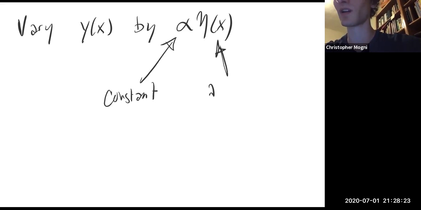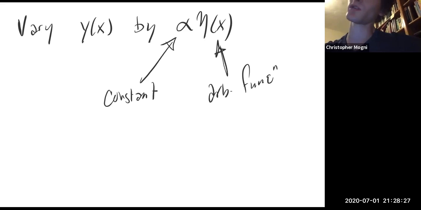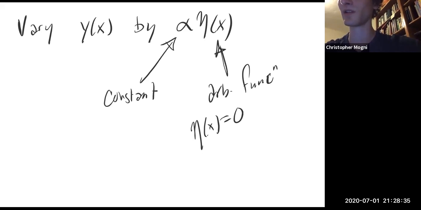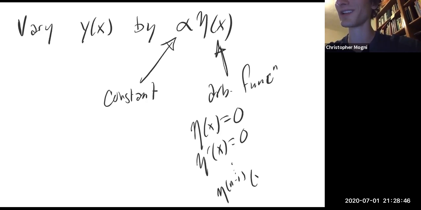Eta is an arbitrary function. The condition I'm going to impose on eta is that eta(x) is equal to 0, eta prime of x is equal to 0, all the way to the (n-1)th derivative of eta being equal to 0.